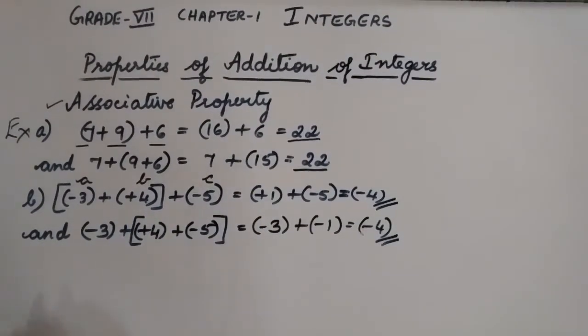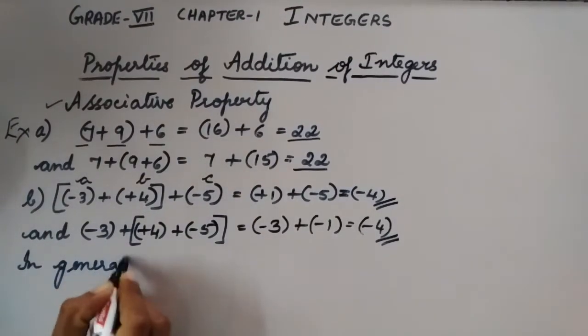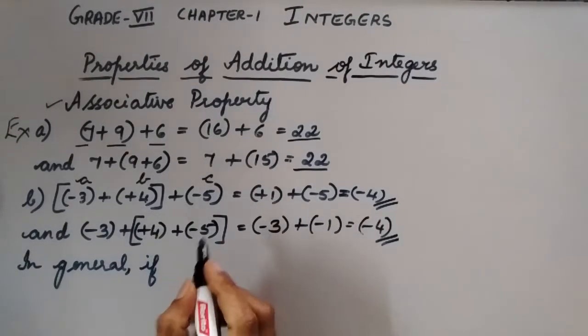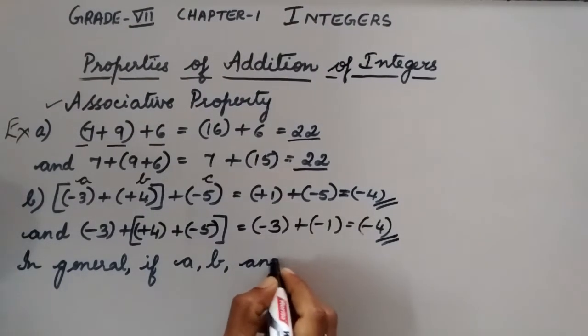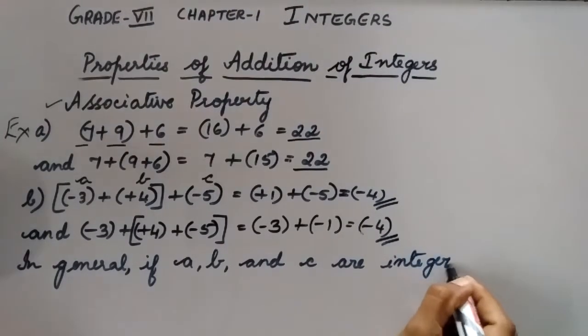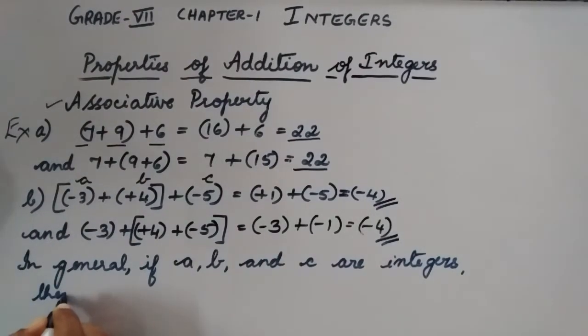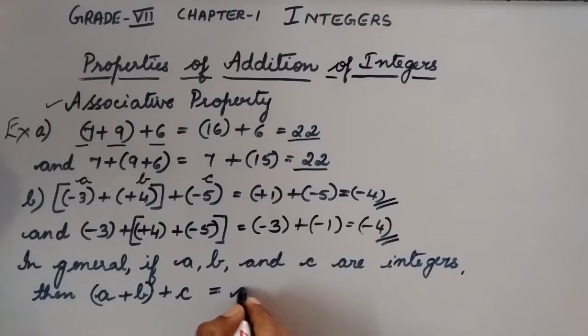So let us write in general, if a, b and c are integers, then (a + b) + c is equal to a + (b + c). I've grouped them.